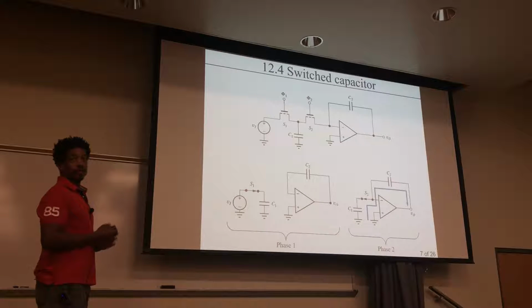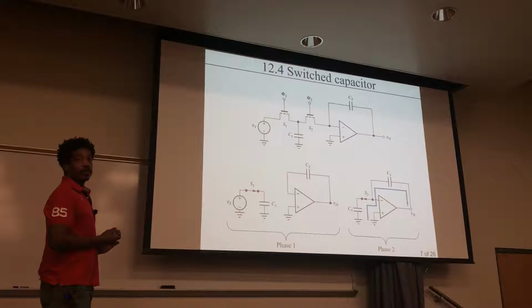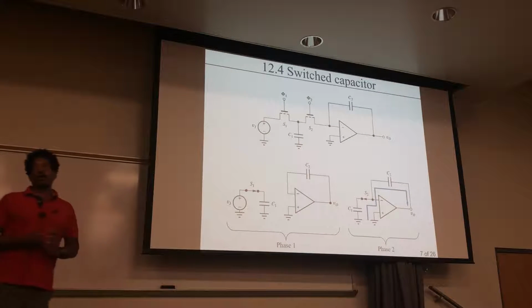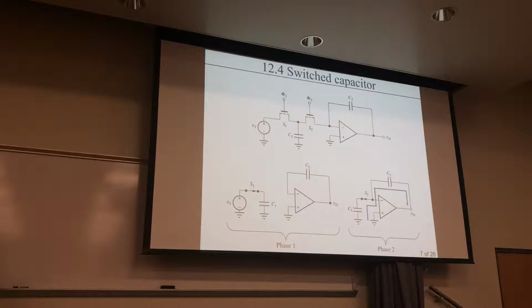How quickly are these switches switching to make this happen? Well, the nice thing about it is it's controllable, because as you'll see, you can control the frequency of the switching, which means you can also control the resistance. Yeah, but order of magnitude, I'm trying to imagine how quickly this needs to be happening. Oh, they can happen like thousands of times per second.